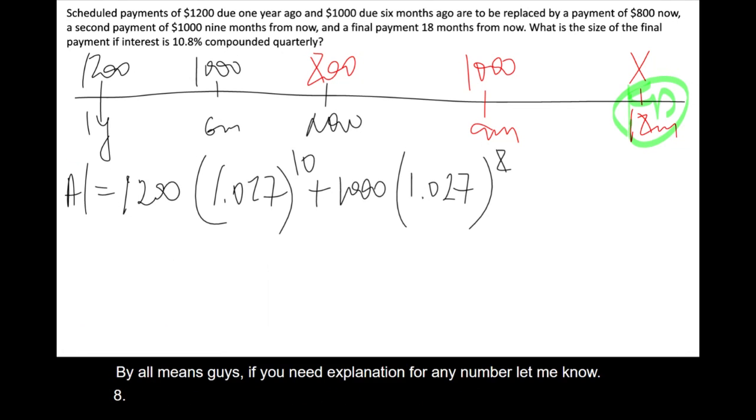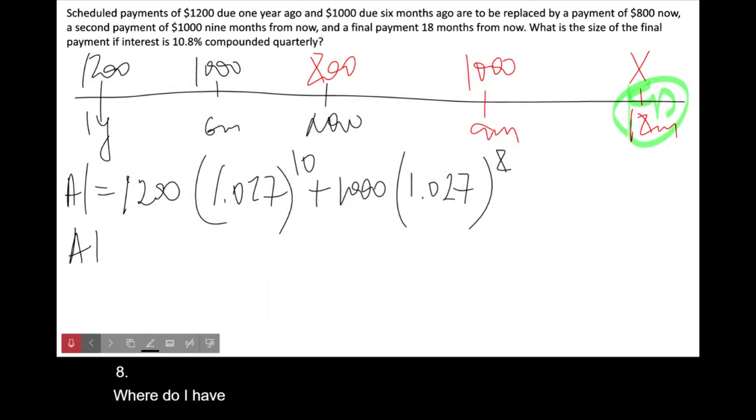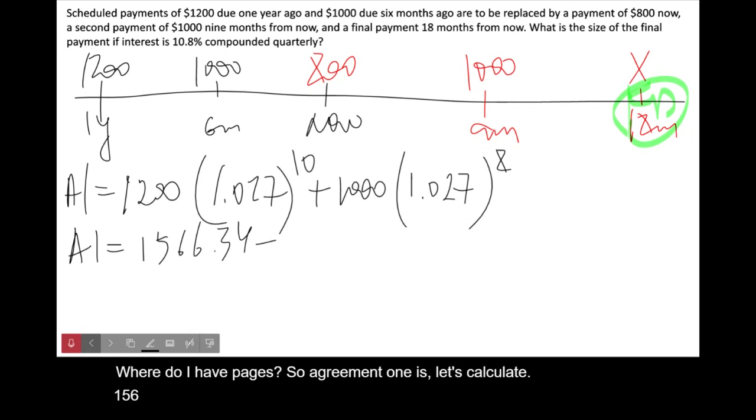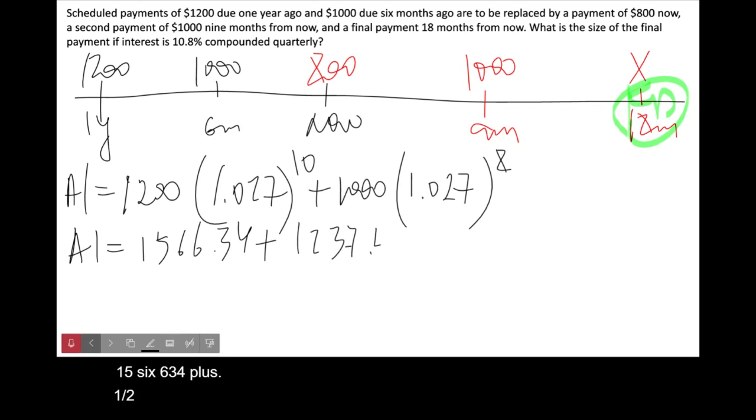Where do I have a page? Yes, I do. So agreement 1 is, let's calculate, 1,564.34 plus 1,237.55.